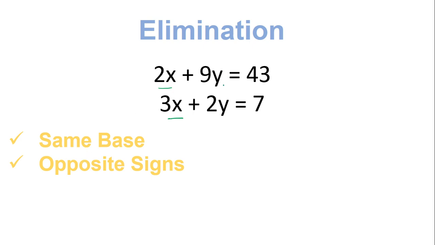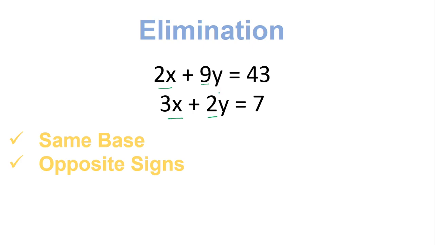Now if I come back to y, do I see that the bases are the same? No. There's a 9 here, there's a 2 here. The bases are not the same. Are the signs opposite? It's a plus 9y, it's a plus 2y. Both of them are positive. It's not opposite signs, which means none of the conditions are satisfied, either with x or with y.